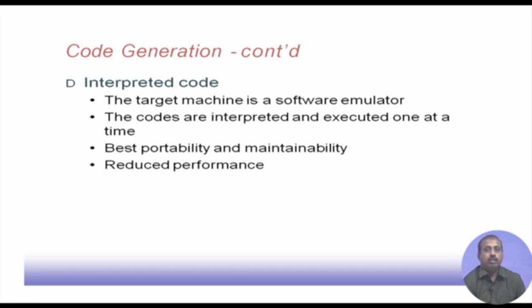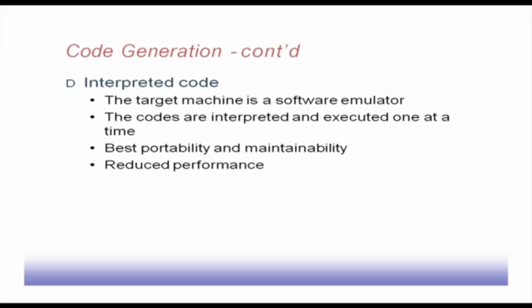We know the AND gate, OR gate, NAND gate, NOR gate, etc. I can have the corresponding procedures written in the machine instructions of the target processor, so that it can emulate the behavior of these individual logic gates and flip flops. That way it becomes a software emulator, and the codes are interpreted and executed one at a time.